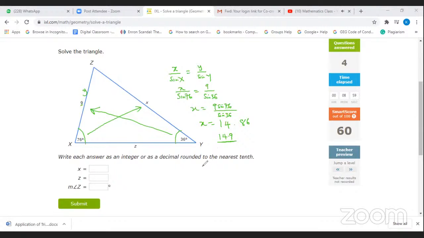So that is that. Then they also want us to find the value of z. You can see we have none of the z.